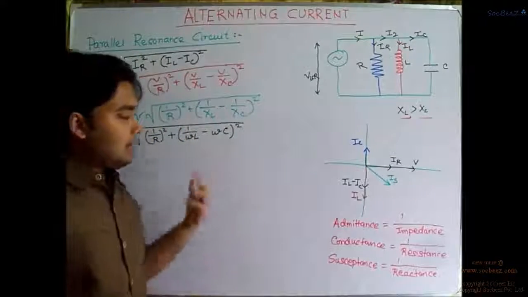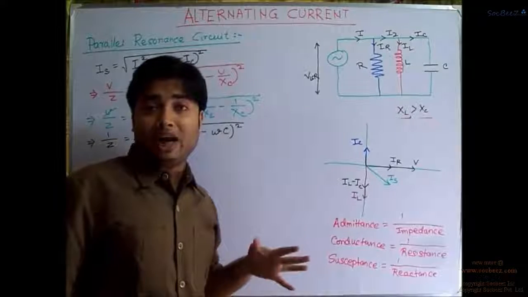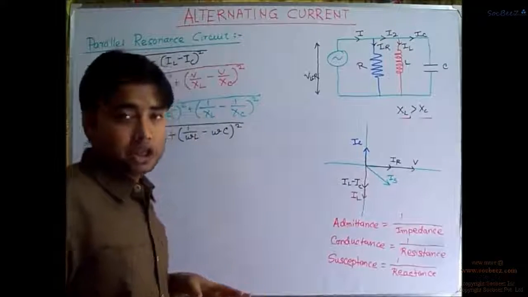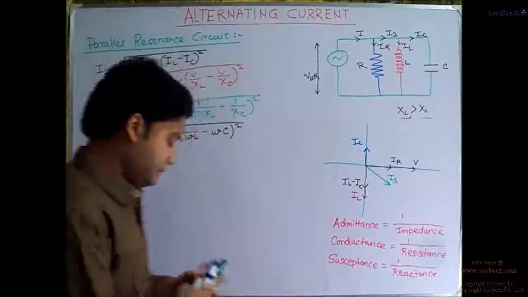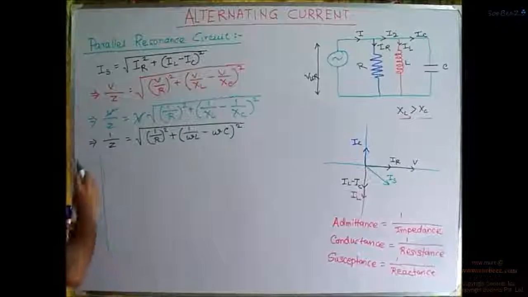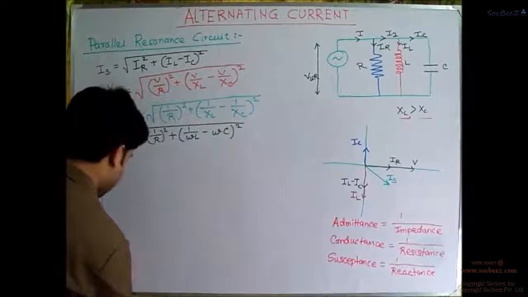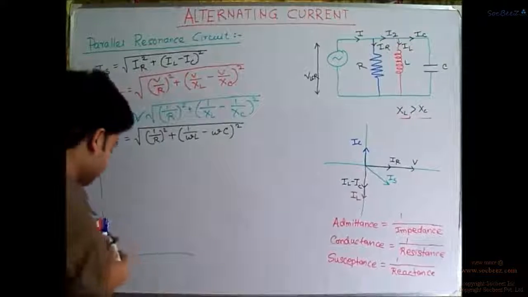Now, taking this into concept, if we wish to find out the graphical representation of the admittance, on this side we are taking on the y-axis the admittance, and over here we are taking the frequency.